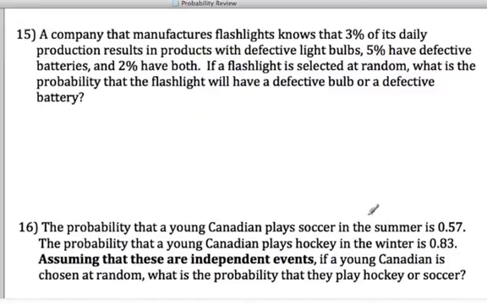Now, a company that manufactures flashlights knows that 3% of its daily production results in products with a defective bulb. So I'll just write this, the probability that it's defective is 3/100.